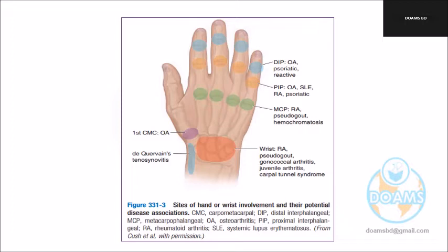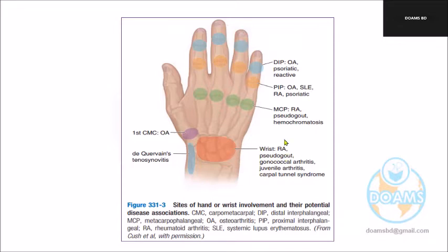Just to finish this by telling one thing: the first carpometacarpal joint is very significant for the diagnosis of osteoarthritis. And wrist pain may mean carpal tunnel syndrome, which means inflammation of the flexor retinaculum. We already discussed periarticular disease.